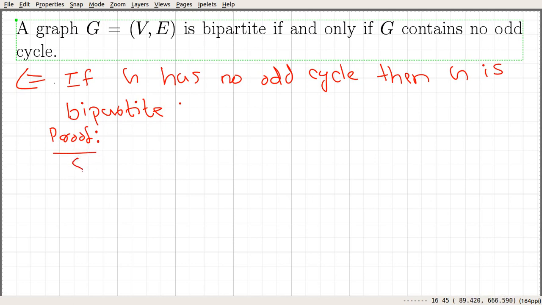So suppose that all cycles in G have even length.